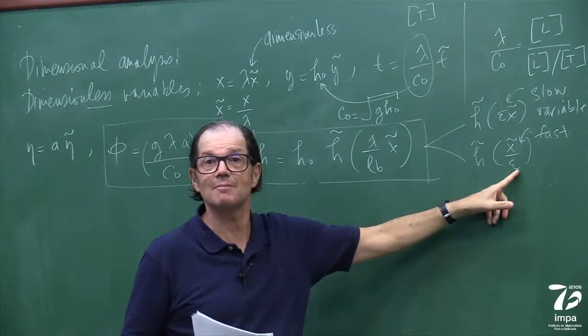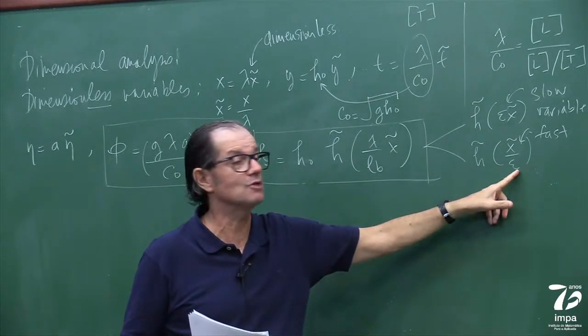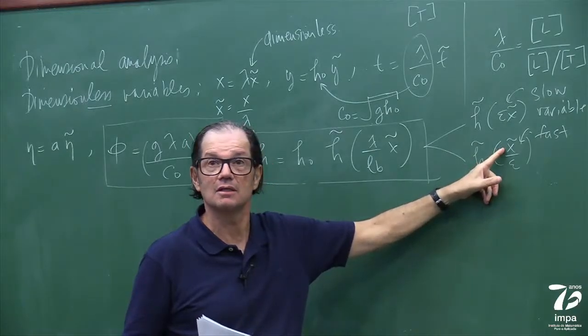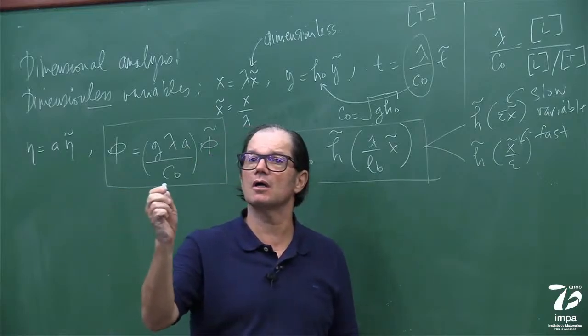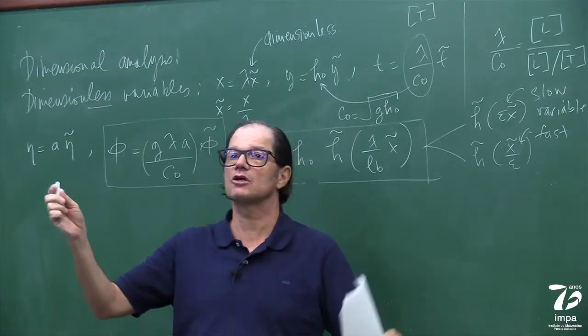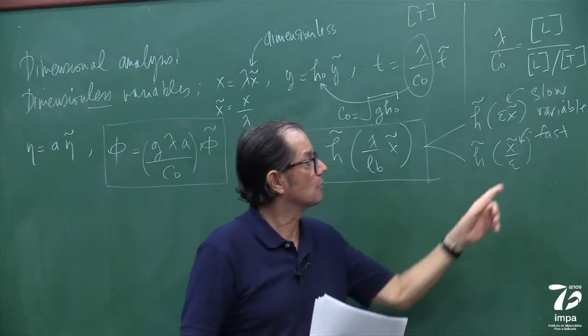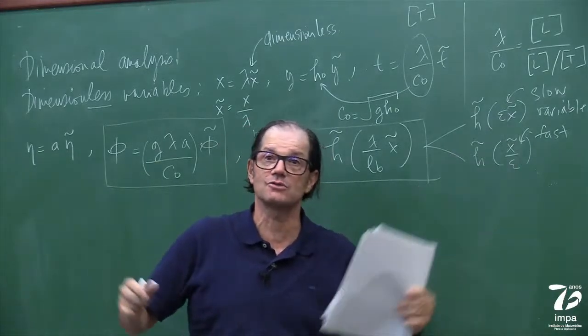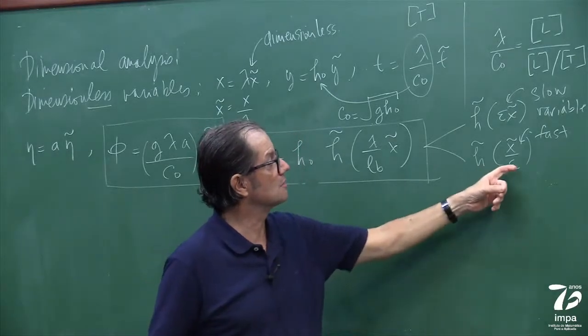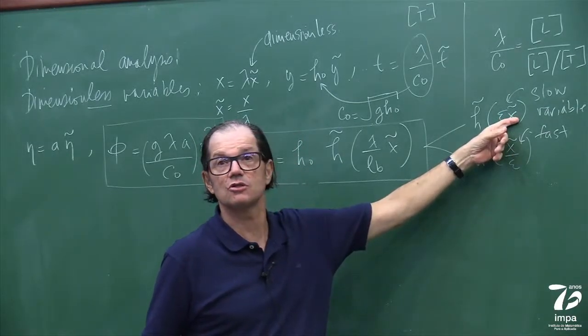If epsilon is 10 to the minus 3, this is 1,000 x tilde. So when x tilde changes only from 0 to 1, say over a tsunami of 100 kilometers, this guy could have varied very much because it went from 0 to 1,000.